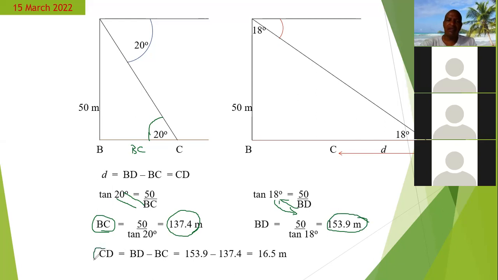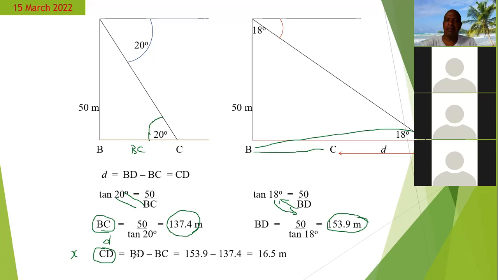Now CD is the same length that we're trying to find, which is D, or what we would have referred to as X, which is the distance between the buoys. So from the entire length, we subtract this length, which is BC.